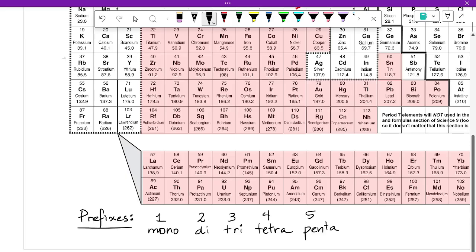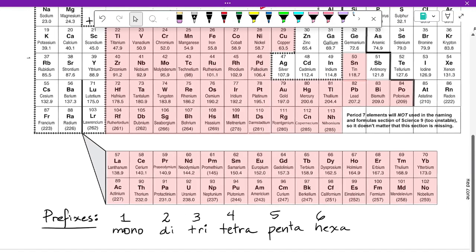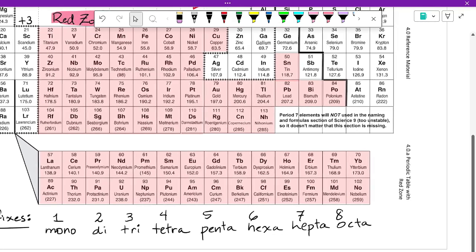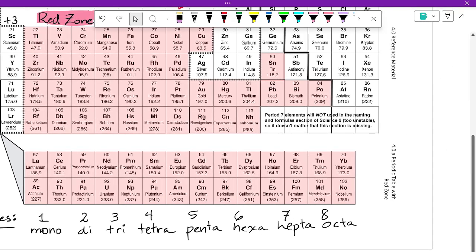Penta. 6 is hexa. 7 is hepta. 8 is octa. 9 is nona.